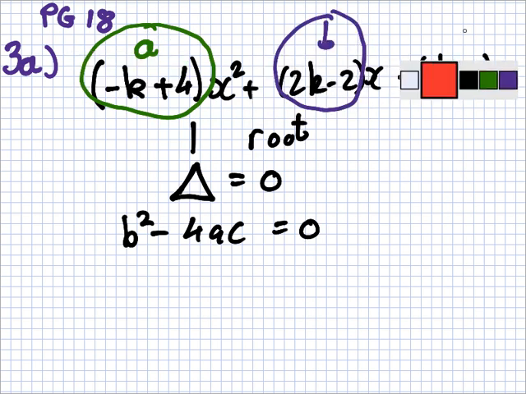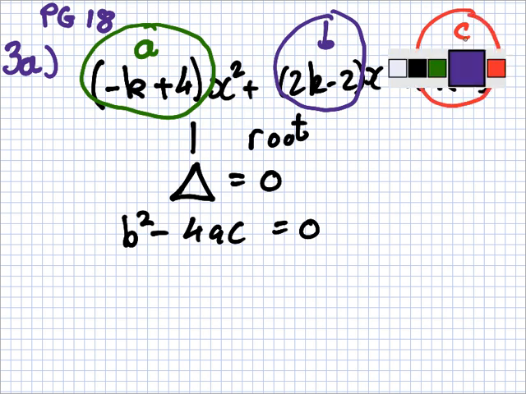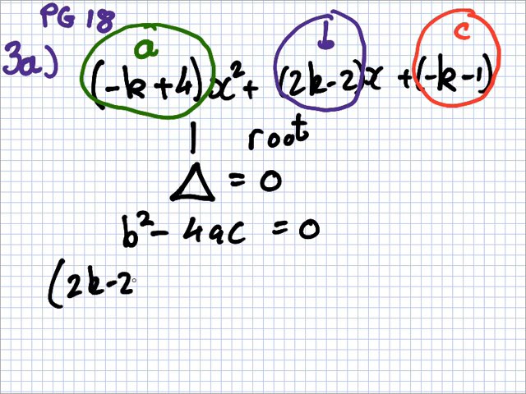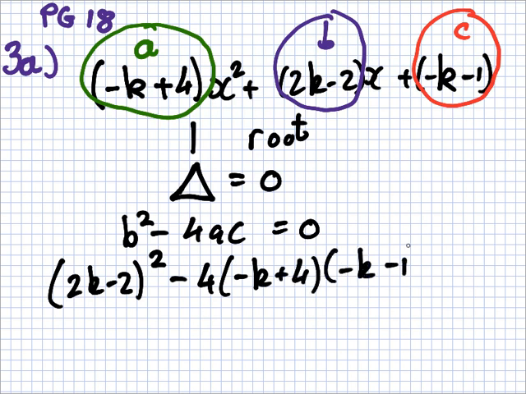And red here this is c. So you have now b squared, so that's 2k minus 2 squared, good. And then 4, good, and then minus k minus 1. And that should equal 0.